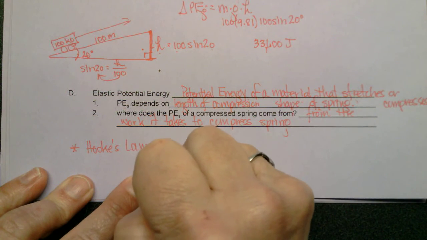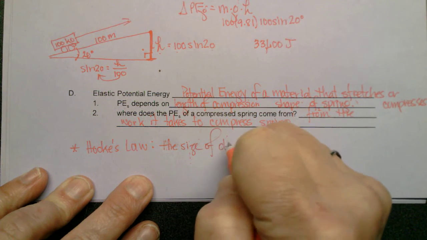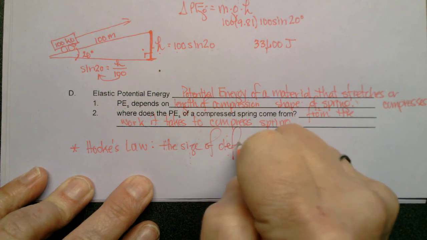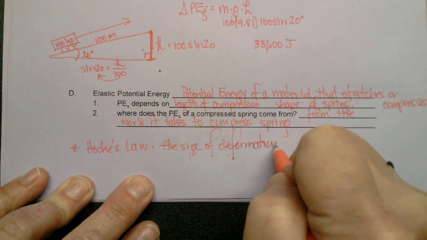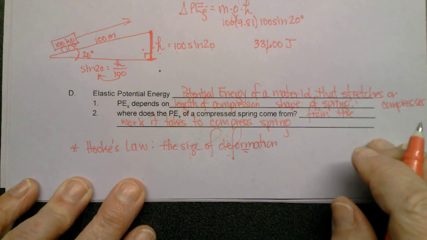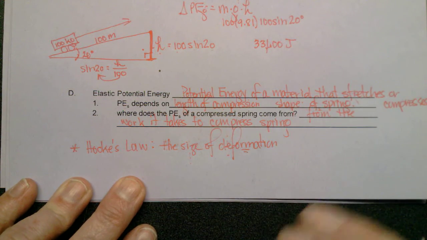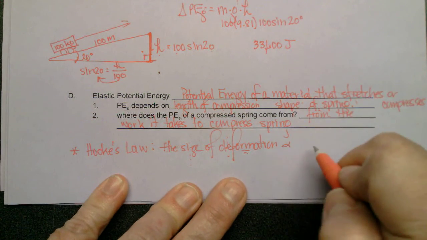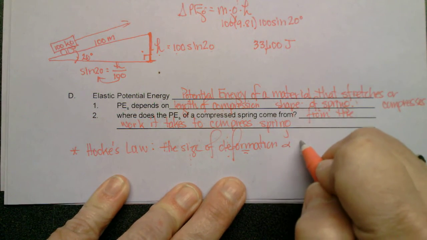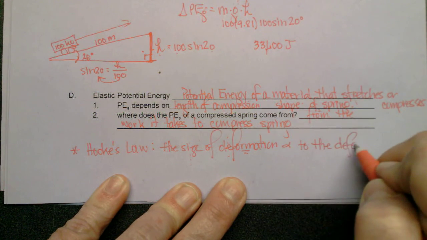The size of deformation. How much did I compress or expand it? The size of the deformation, and that's why I like this, because it's generic to either compression or expanding. How much did I deform my spring? Did I stretch it out? Did I compress it? Is directly proportional to the deforming force.